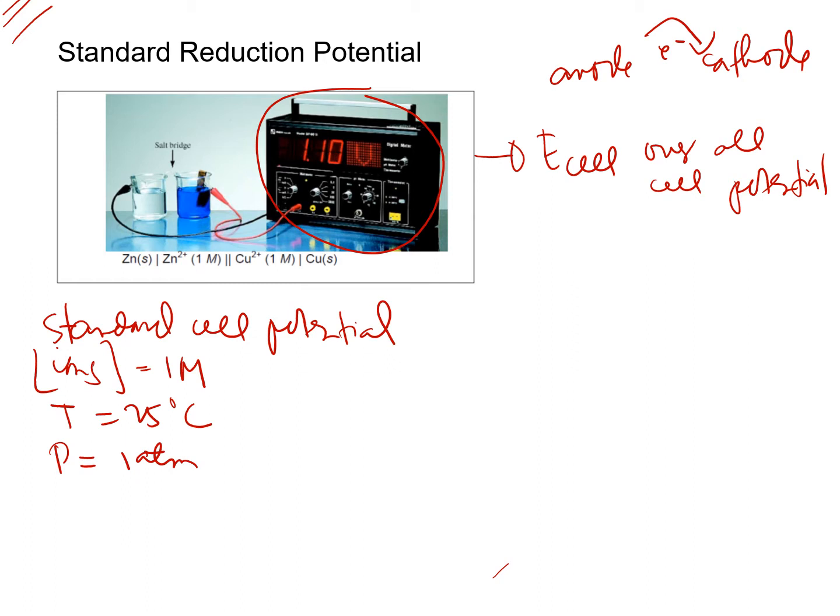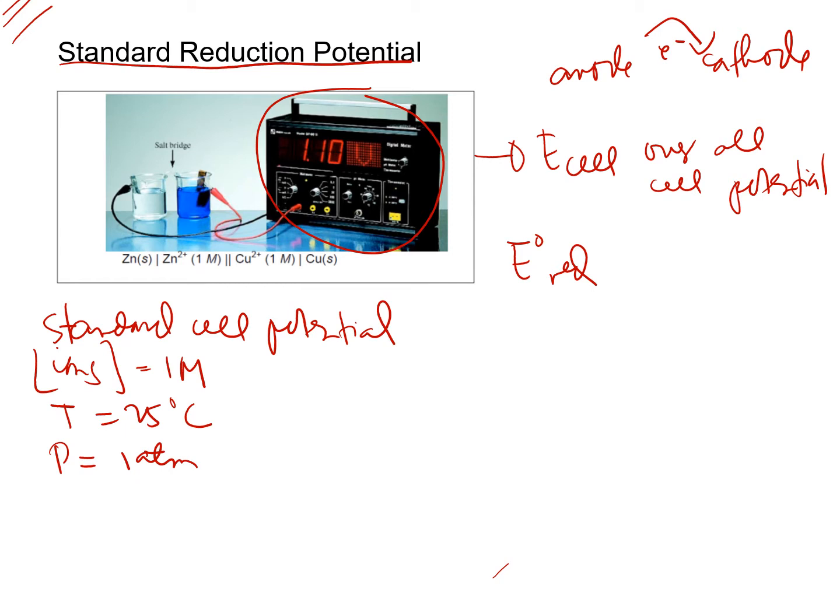So each half cell has a standard reduction potential, or what we call E naught red. Each of these half cells has an associated standard reduction potential.